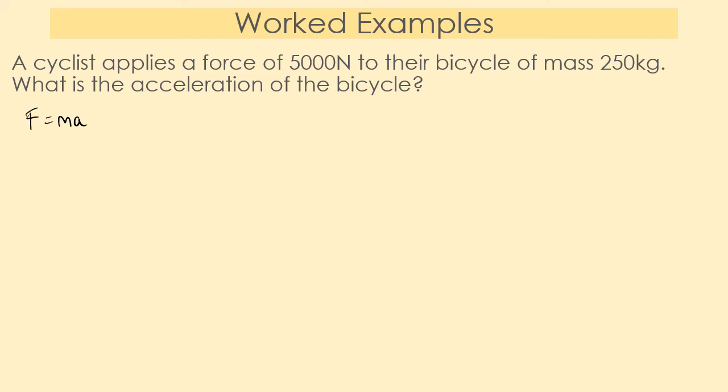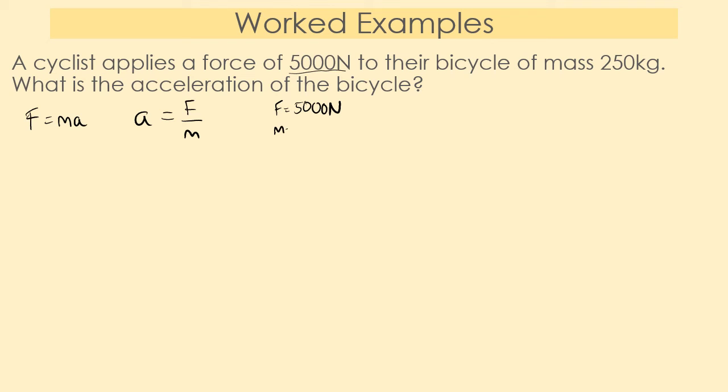But this time I'm going to need to rearrange my equation. This is just a linear rearrangement. I can either input the numbers first and then rearrange it, or I can rearrange it first. I'm going to rearrange it first. If I rearrange it to make acceleration, because that's what I want to find, the subject, I'm going to have acceleration is equal to force divided by mass. And my force I've got here is 5,000 newtons.